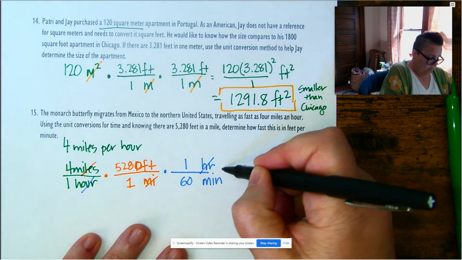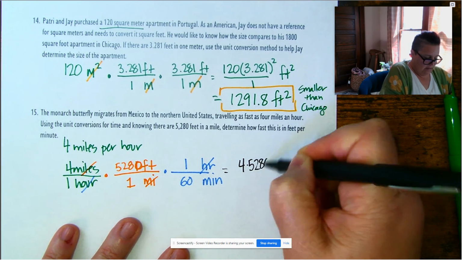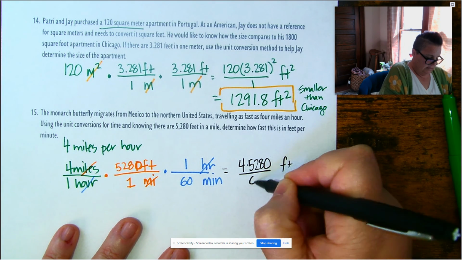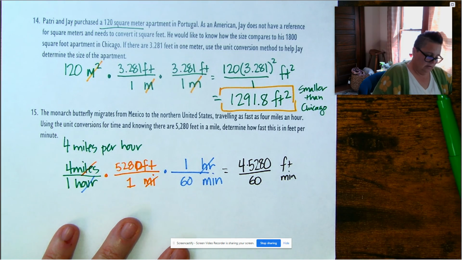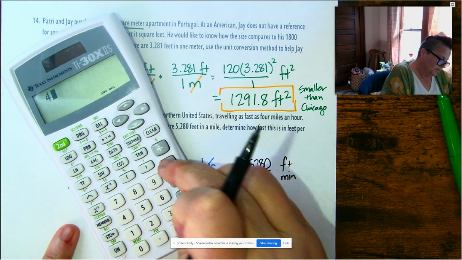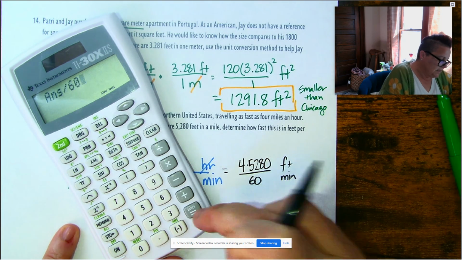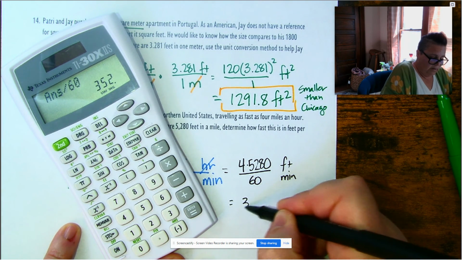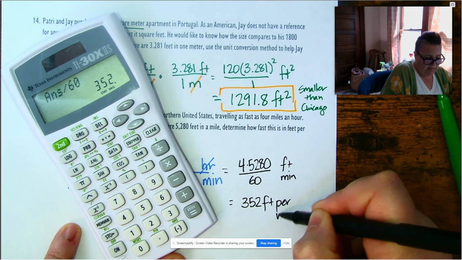So now I'm going to have 4 times 5,280 times 1 feet over 60 minutes. So now I'm going to do that math. 4 times 5,280 divided by 60. That's 352 feet per minute.